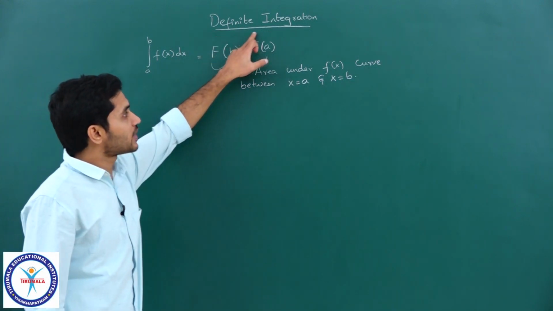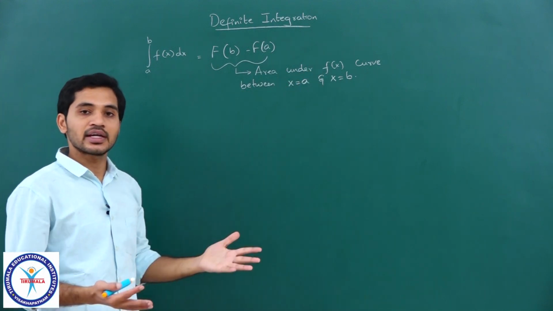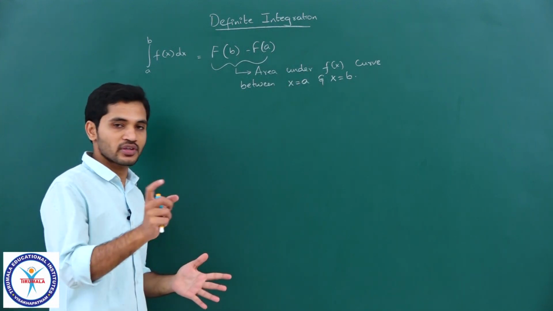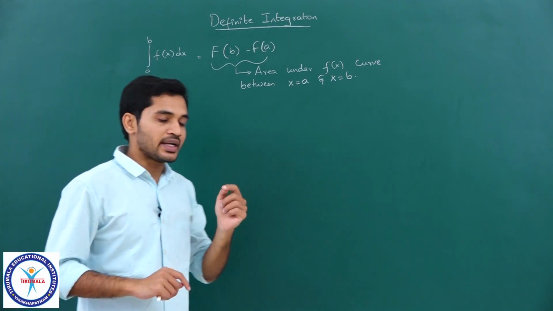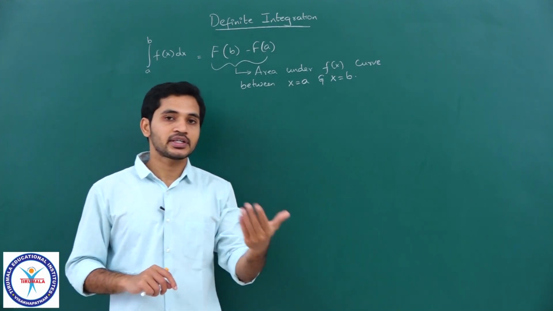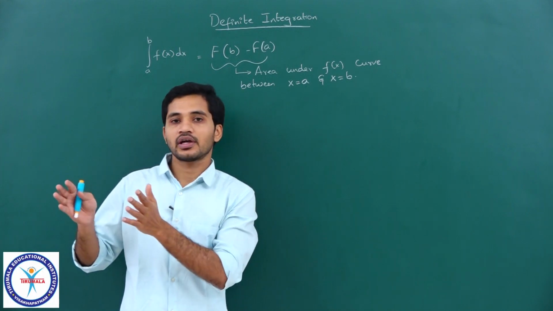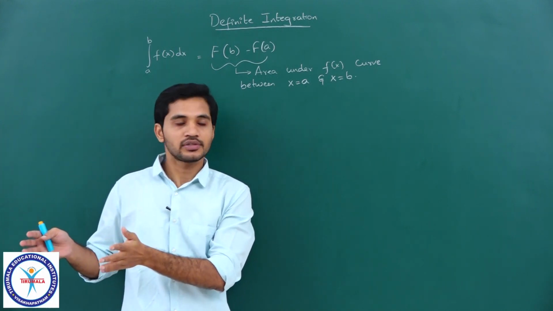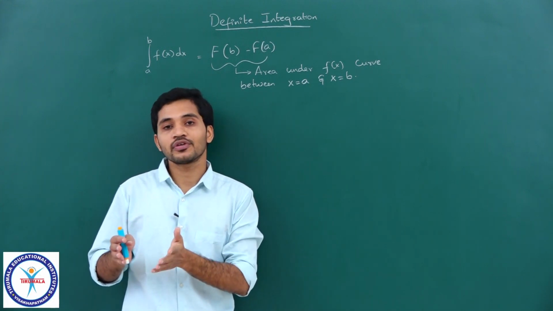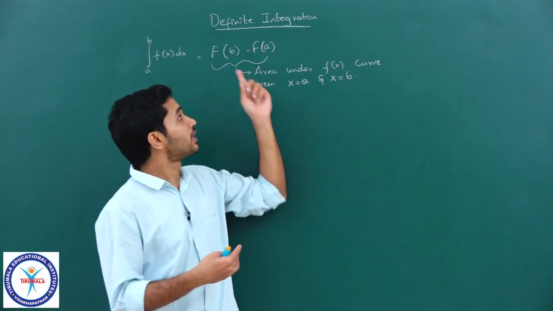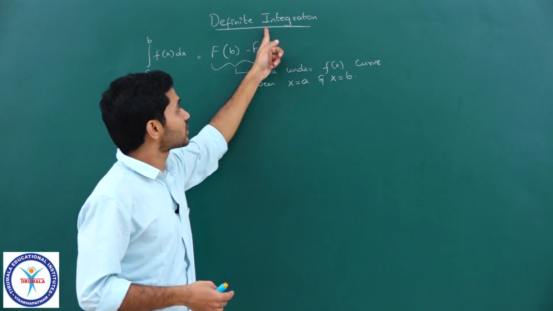Performing definite integration means calculating the area under some function, whatever function you are performing the definite integration on. So, remember, indefinite integration is finding out a function, clear, whereas definite integration is calculation of the area under a particular graph, right.